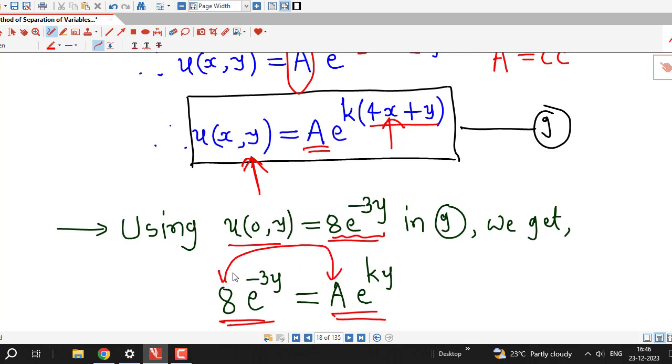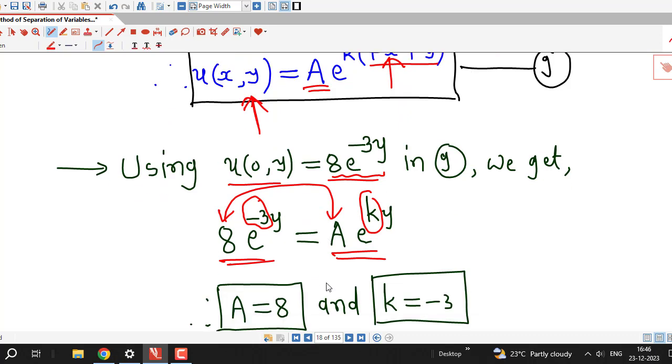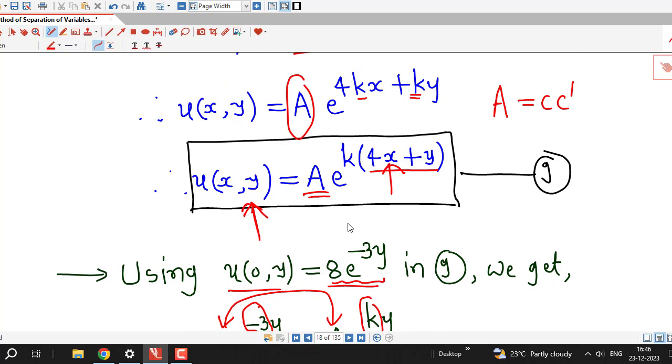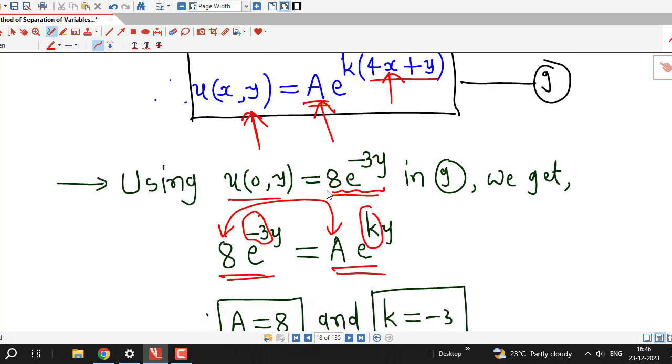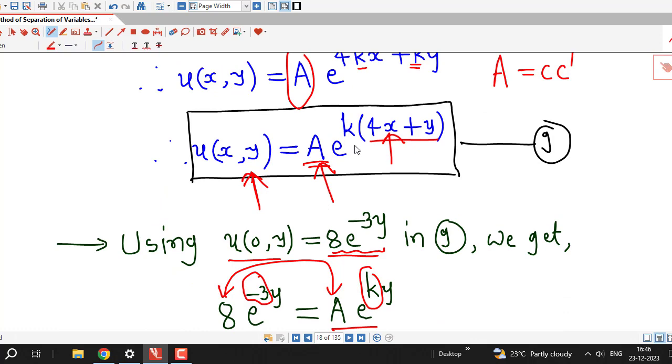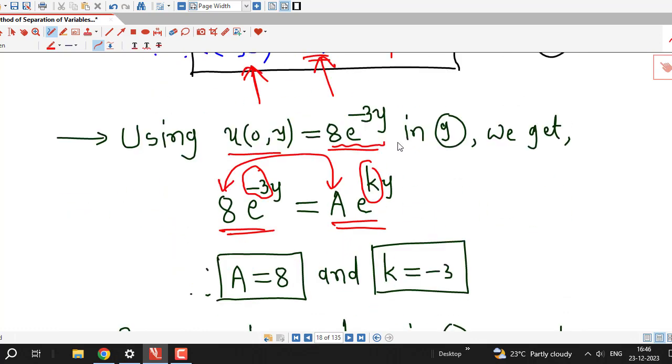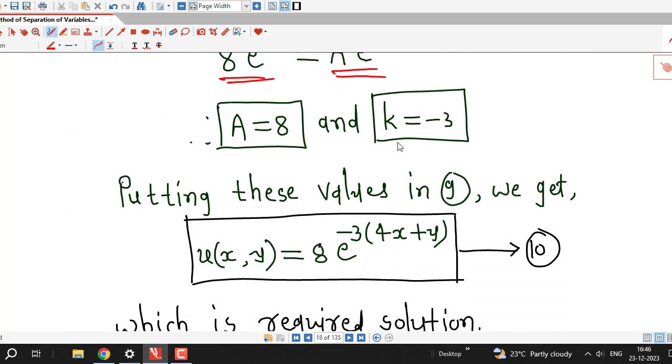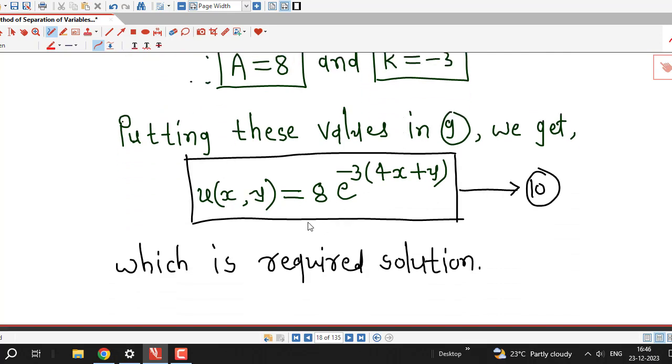From this it is obvious that A equals 8 and the coefficient of y is minus 3, that is k equals minus 3. And once we obtain these values of A and k, we substitute them in this equation. So we have u equal to 8 times e raised to minus 3 times (4x plus y). That is the solution satisfying the given equation as well as the given condition.